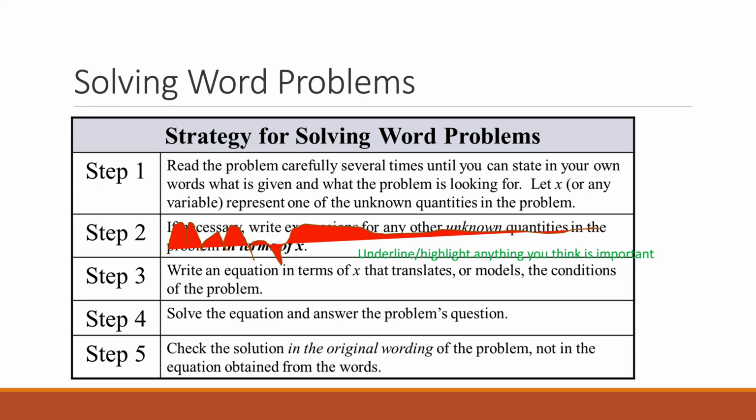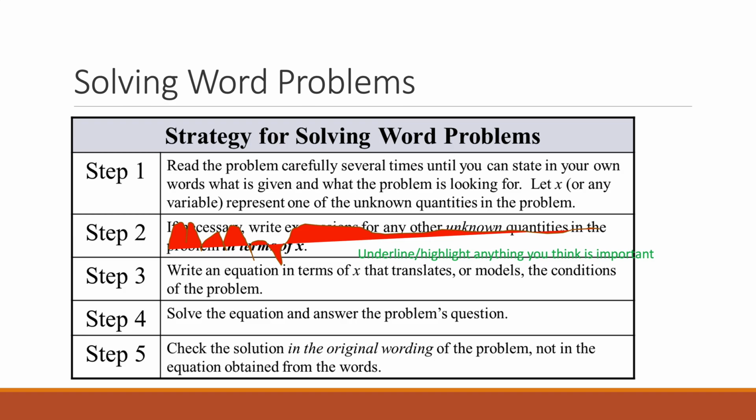Unfortunately, I can't highlight in PowerPoint without doing too much stuff. So I'm going to verbally highlight, and then you can use a marker or a pen to underline on your own. Next, write an equation in terms of x that models it. Solve the equation. You already know how to write equations. We've been doing that. We just reviewed some of it.